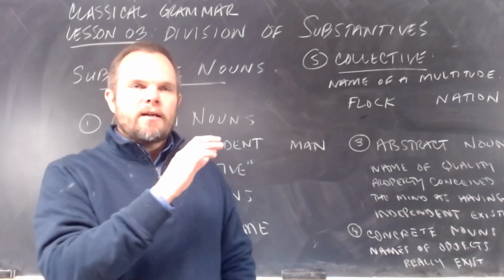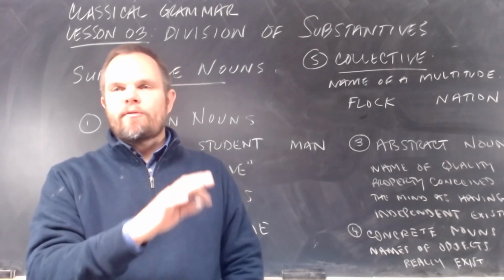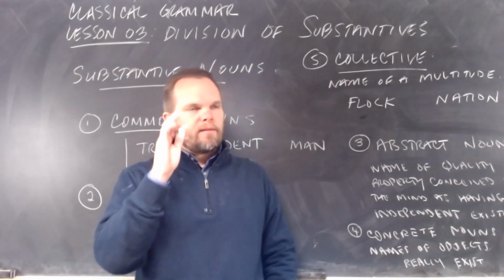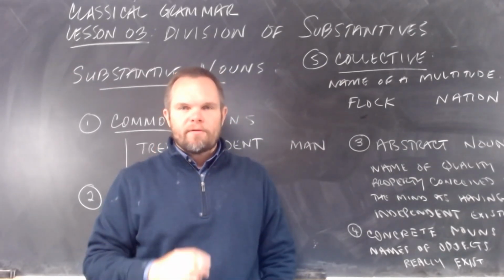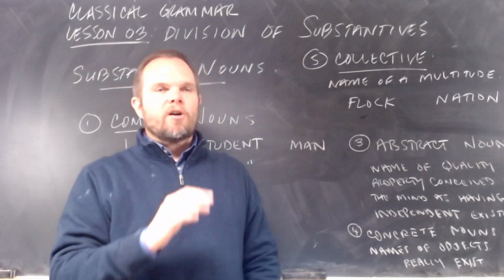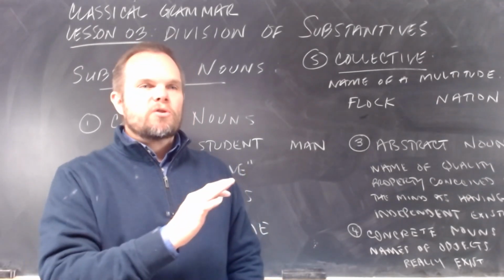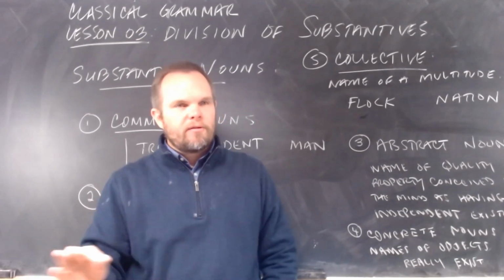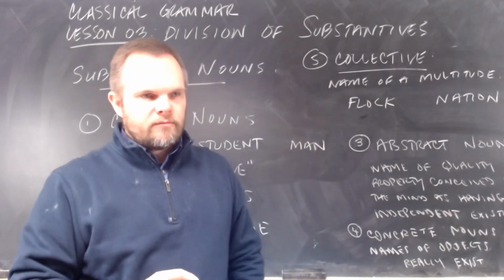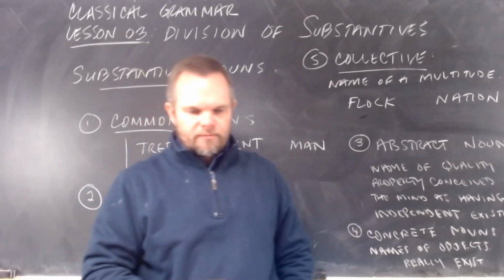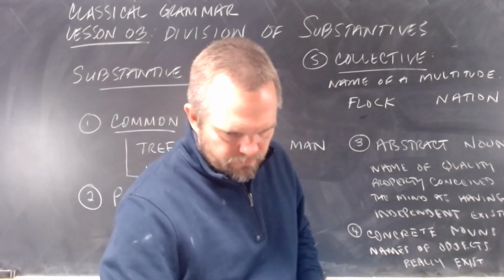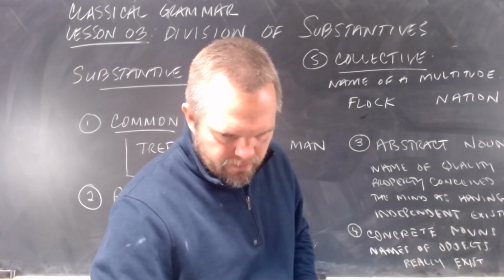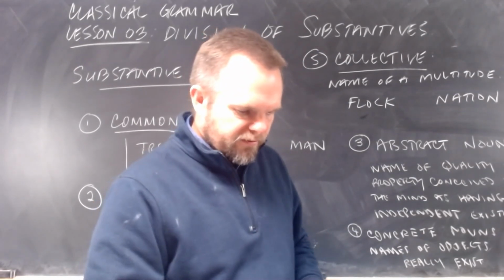So it's a singular noun that refers to a multitude of things. Because we name the group. A flock of chickens, a herd of sheep, a swarm of bees, a nation of people. Collective nouns.